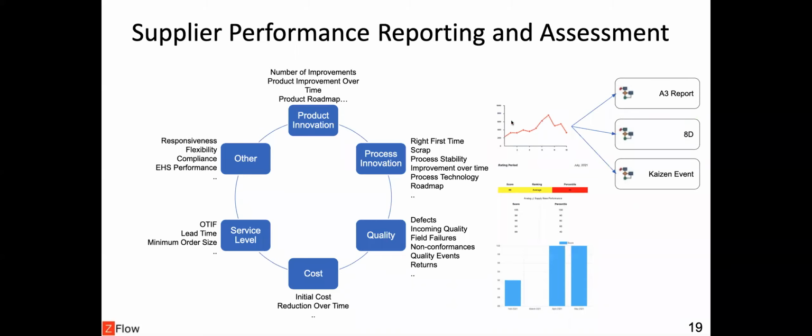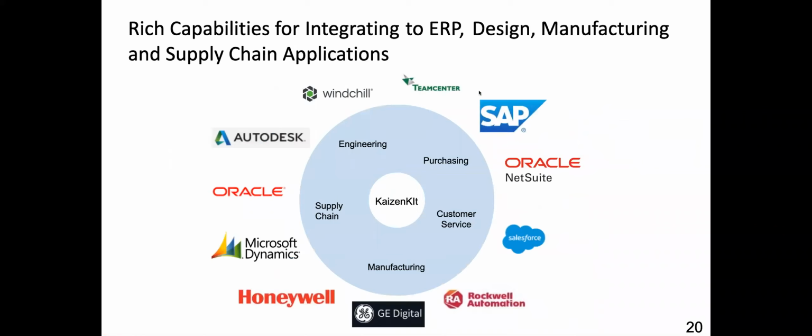The final one is the importance of periodic performance reporting and internal assessment of suppliers. You need to be able to give feedback to suppliers. Hey, how are they doing? And we'll look at a couple of examples like that.